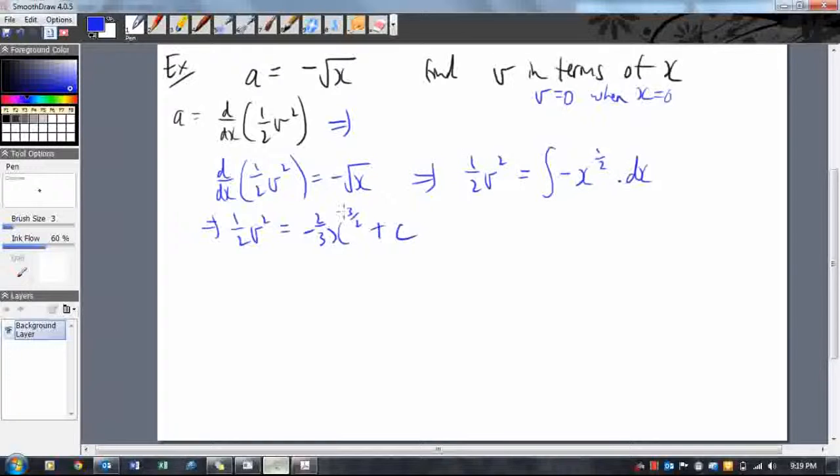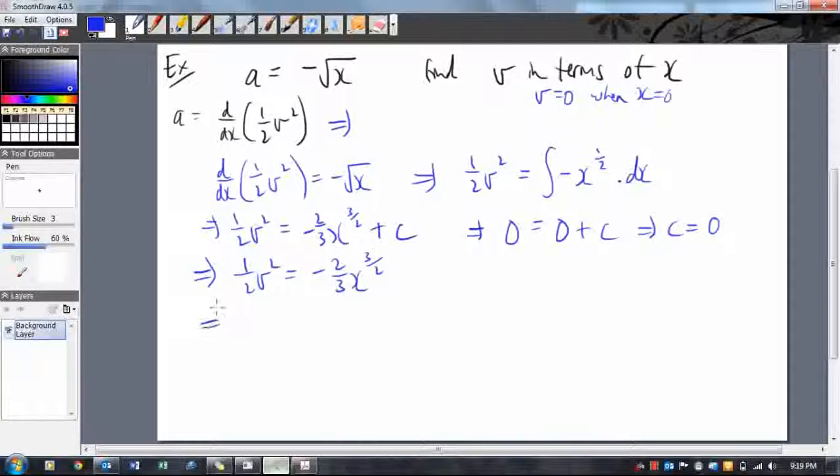Okay, let's now substitute v equals 0 when x equals 0 into there. So therefore, we've got 0 equals 0 plus c. Therefore, c equals 0. Very interesting. Let's show some boring numbers. Therefore, I've got half v squared equals negative 2/3 x to the 3 over 2, and I just solve for v.